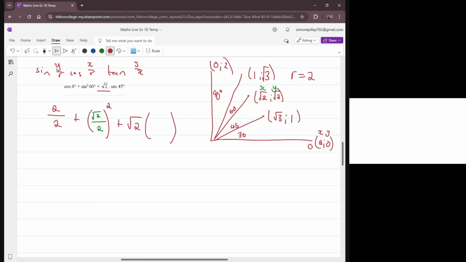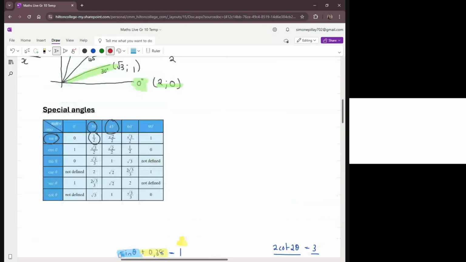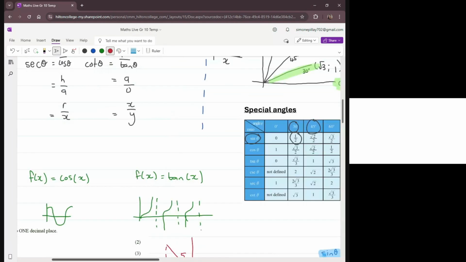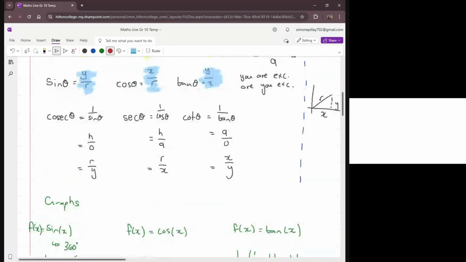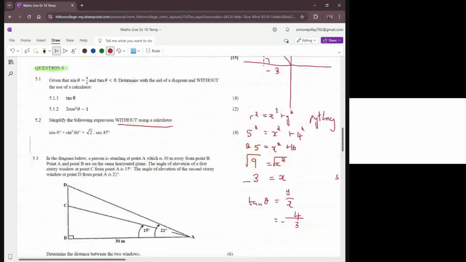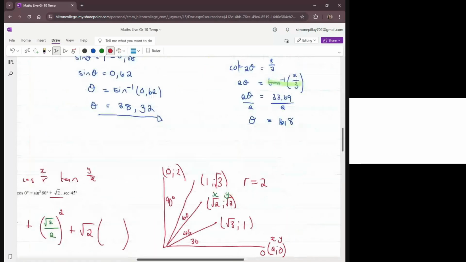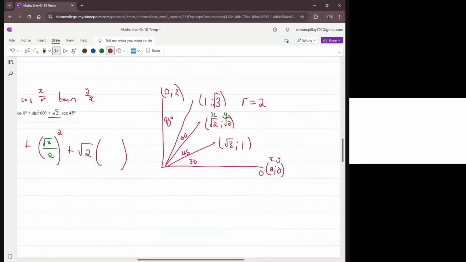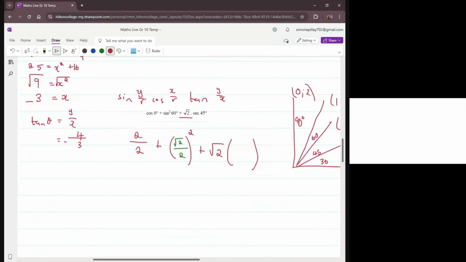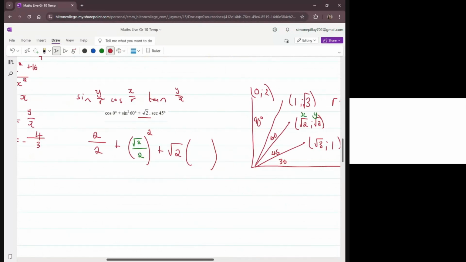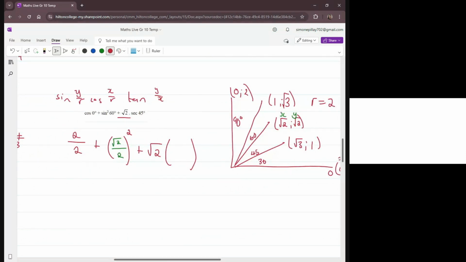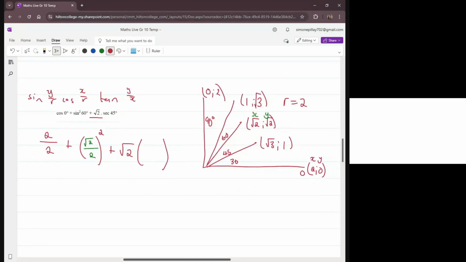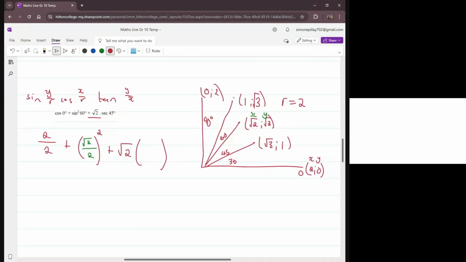I'm seeing some answers in the chat. So we're saying it is cos. If you don't know, go back to our little recap. Sec is the inverse of cos. So if I want the inverse of cos, this is basically going to be r over x. I need to sub in r over x for the angle 45.